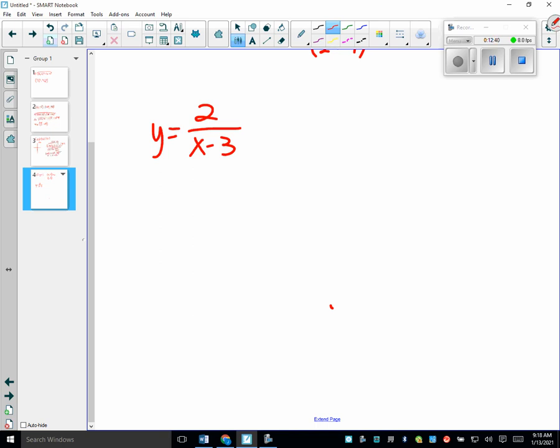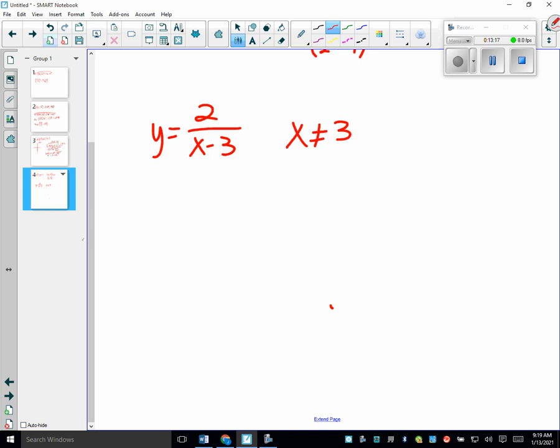What would make it undefined? Well, how about if x was 3? Would that make it undefined? Because it'd make 0 in the denominator if x is 3, right? So, well, actually, what it says is x can't equal 3. Because it can be greater, be smaller. Just can't be 3. Does that make sense to you?